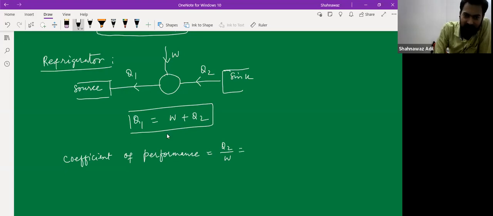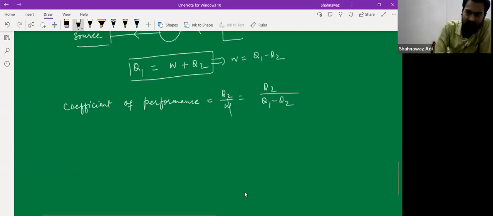So you know that your W is how much? Your W is Q1 minus Q2, right? So this would be Q2 by Q1 minus Q2, right? So this is called beta. Okay, beta is Q2 by Q1 minus Q2.